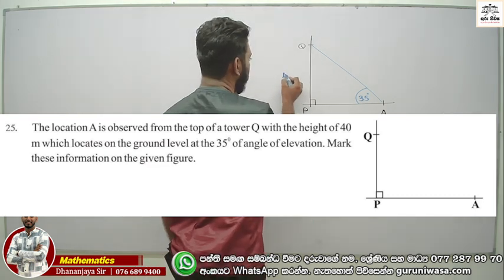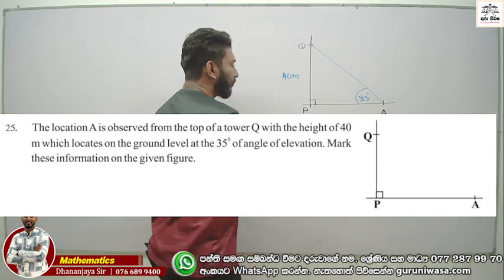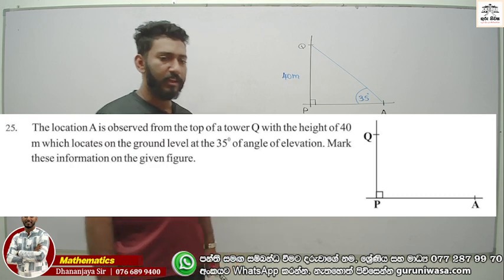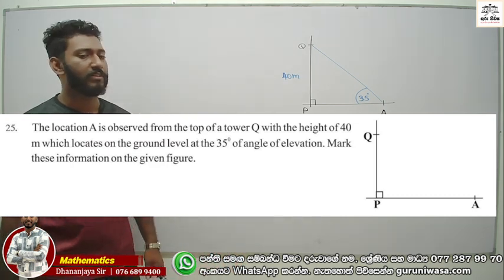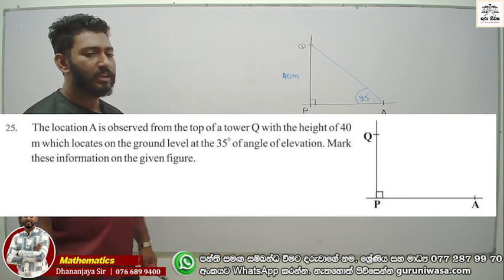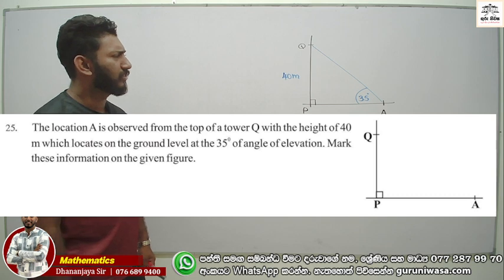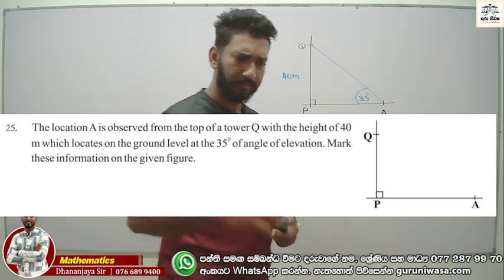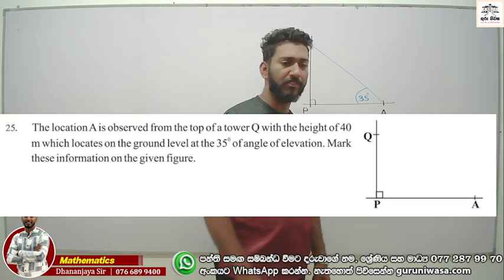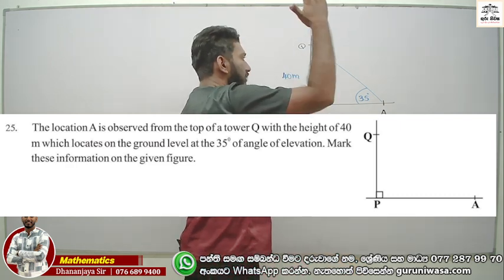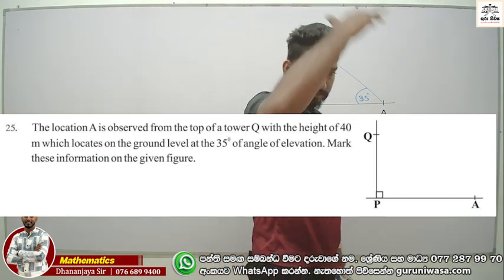Now this is a height, it's 40 meters, which locates on the ground level at the 35 degrees angle of elevation. Now mark this information on the given figure. That's a very easy thing. Angle of elevation from A to Q with height 40 meters. Angle of elevation means looking up.